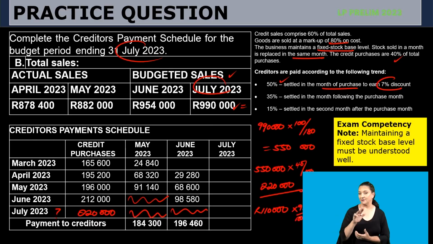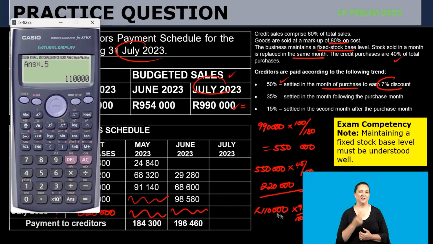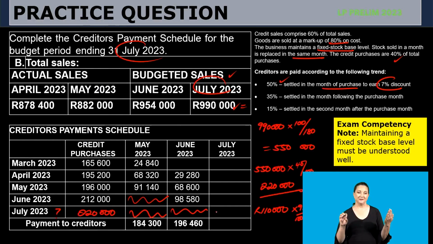So I'll come again and I'll say multiply by 93%. And that is going to give me 102,300. So I'll come here, that is 102,300. That is in July.